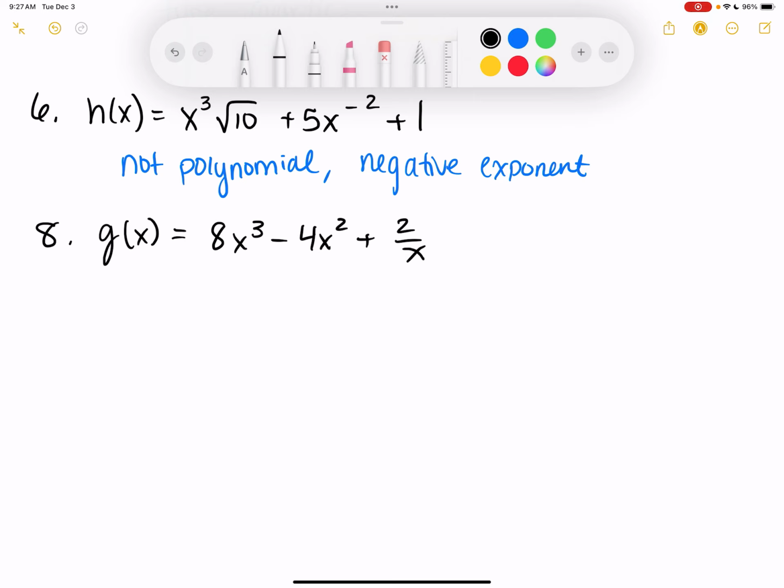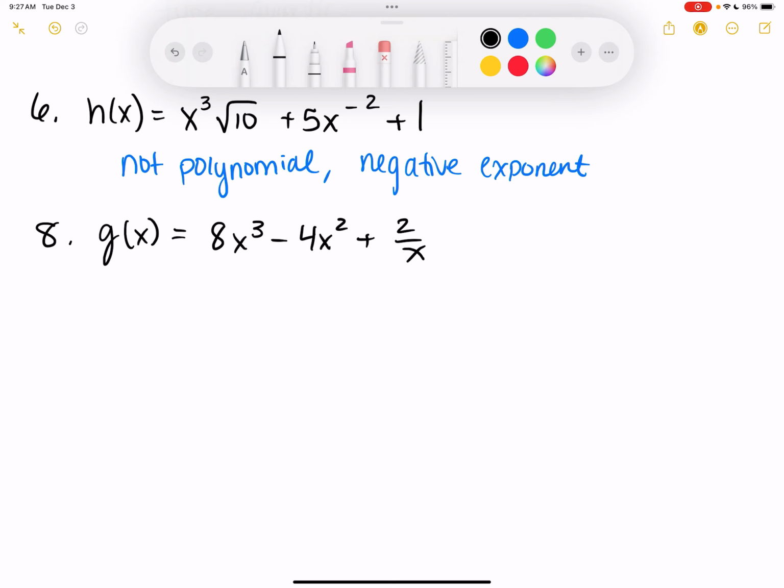Can you do something with the negative exponent to make it a polynomial, or it's just not? Like on number 6? No, if there's a negative exponent, we can't do anything with it. I think it is a polynomial, but I don't know. I think there's an x on the bottom. Because if you put the x on the top, it's x to the negative 1.